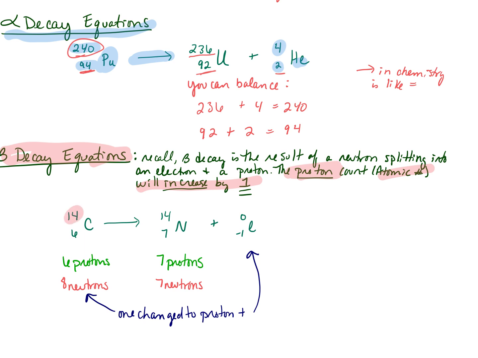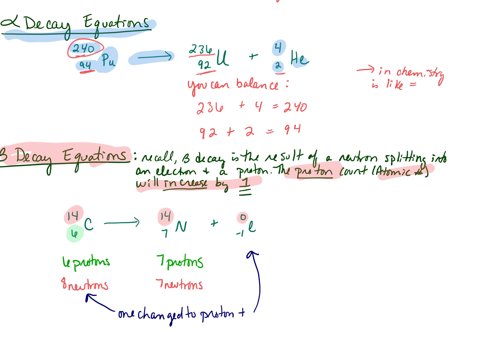So this number up top, the 14, if we know that we're going to have a beta decay, that's 0. This number does not change, right? However, when we're looking at the bottom number, carbon has 6 protons.